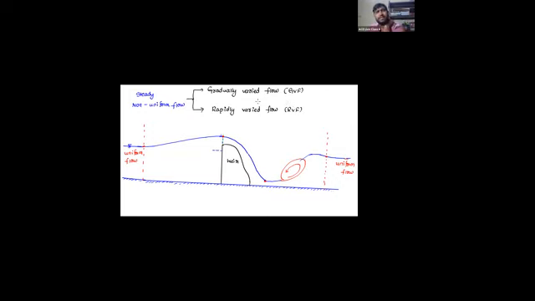Sir, what is the meaning of gradually varied flow and rapidly varied flow? Both are varied flows, but if the variation occurs over a long span or longer stretch, then you call it a gradually varied flow.